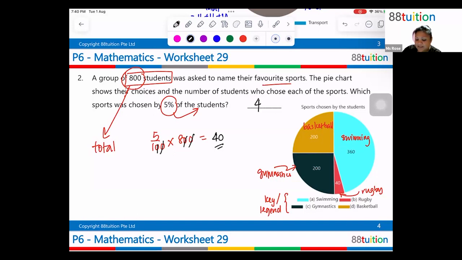So, sorry, that's not your answer. The answer is which sport was chosen. So 40 would be rugby. All right, very good. Okay, so you're familiar with this.